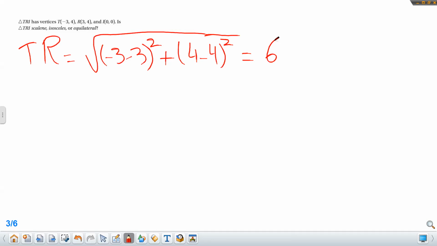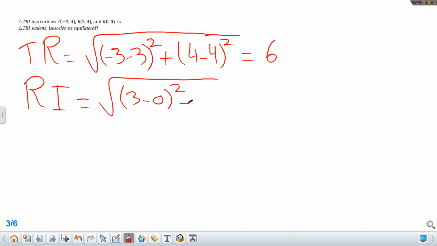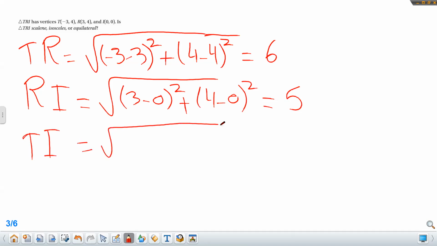RI, by the same formula, equals square root of (3 minus 0) all to the power 2 plus (4 minus 0) all to the power 2. It will be 5. The last side is TI, equals square root of (-3 minus 0) all to the power 2 plus (4 minus 0) all to the power 2. If you evaluate that, it will be 5 also.